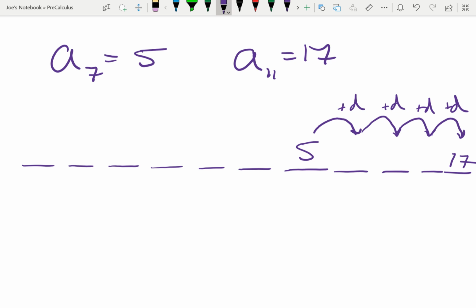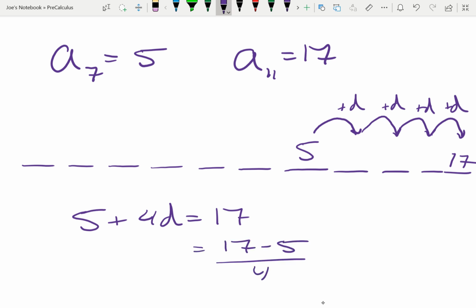Last one, I'd add a fourth difference. So you could calculate your difference by saying 5 plus 4 differences equals 17. So 17 minus 5 over 4 would be equal to your difference.